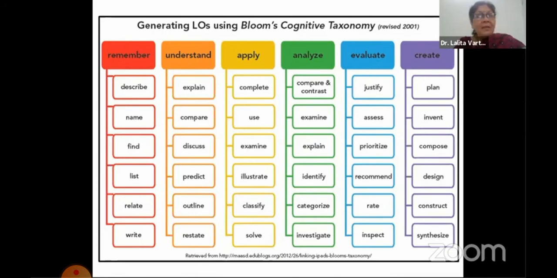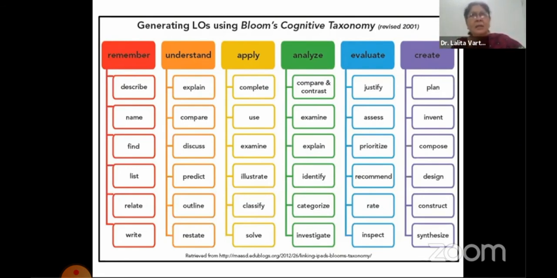So I think if we look at our question papers, we will be able to realize which level we test our students on. Then if we look at the understand level, we can use verbs like explain, compare, discuss, predict, outline, restate, and so on in the hierarchy.